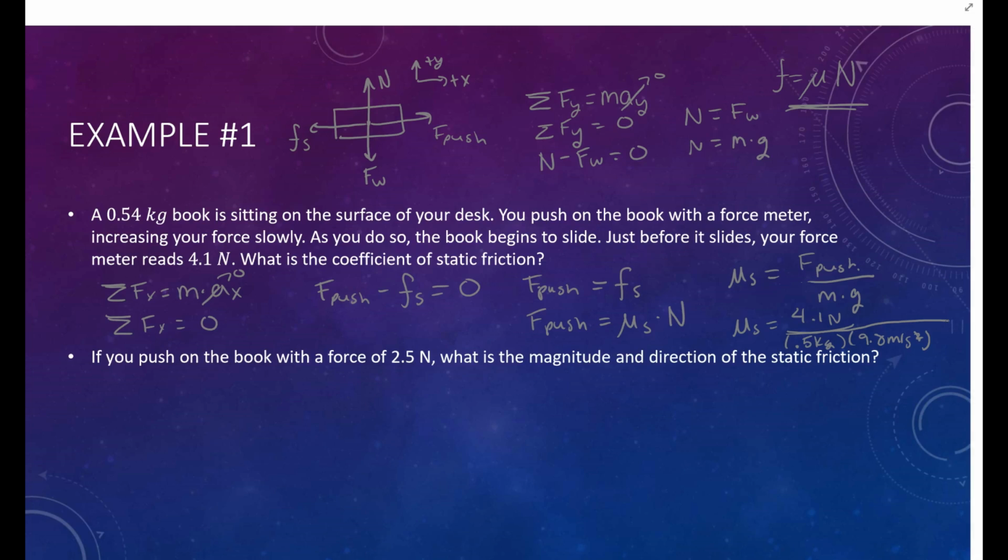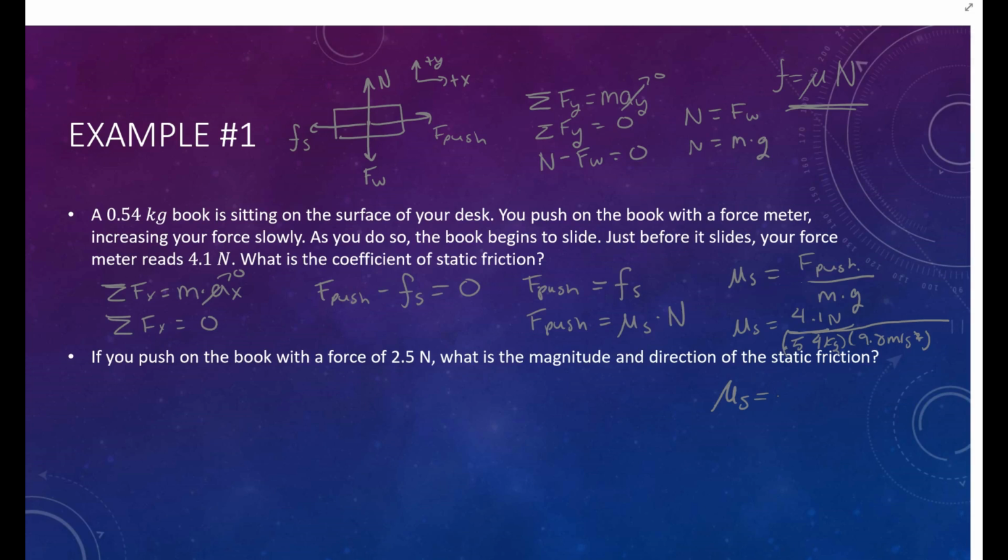Does it matter if you write 0.5 or 0.54? You should write 0.54. I did this exact same thing this morning. It's like your order of operations.